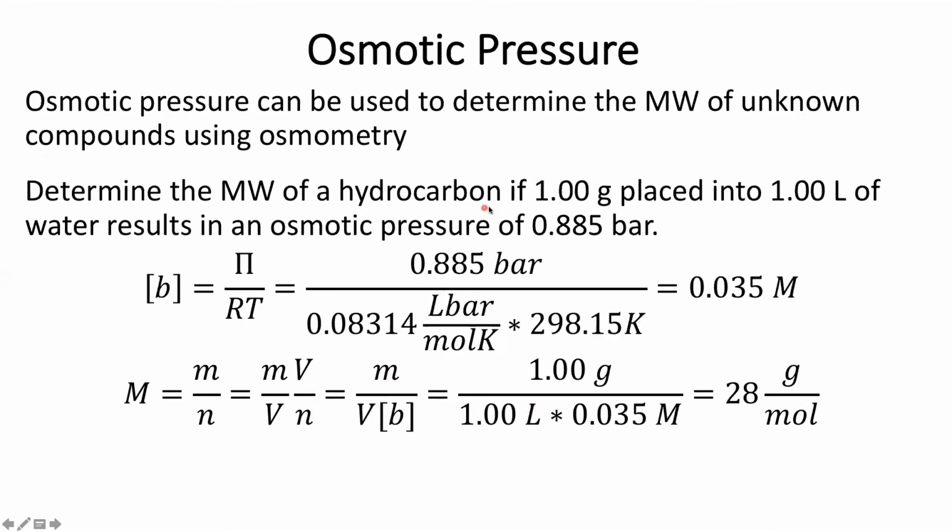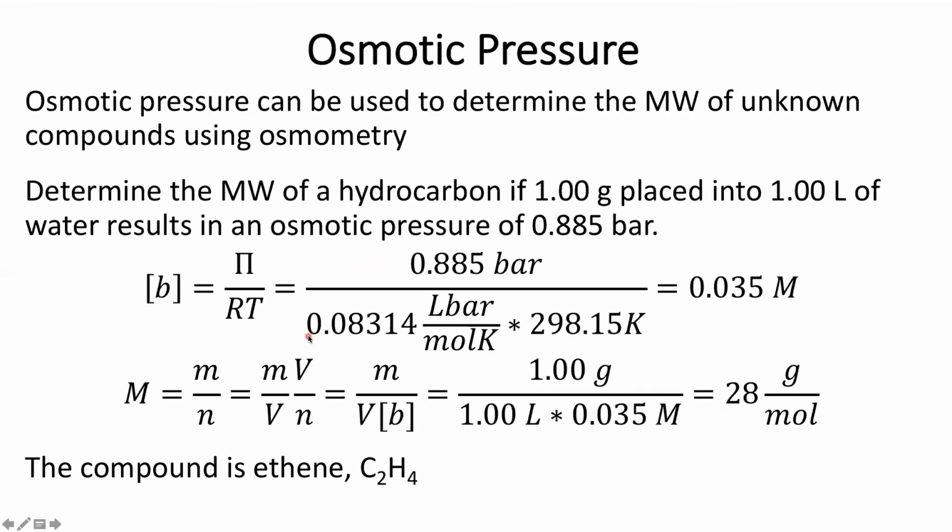Now, since I told you this is a hydrocarbon, this is going to leave us very few options. And it turns out that this is actually going to correspond to ethene, which again, 2 carbons at 12 apiece, plus 4 hydrogens, 28 grams per mole. So again, it's a very useful metric: if you can determine the concentration from any colligative property, whether it's osmotic pressure or freezing point or boiling point, you can determine the molecular weight.